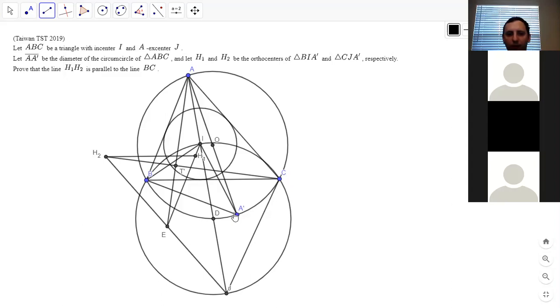Okay, so Feng's idea was maybe we could show AT prime over T prime E is equal to AT double prime over T double prime E. So yeah, we know JE is parallel to AC.